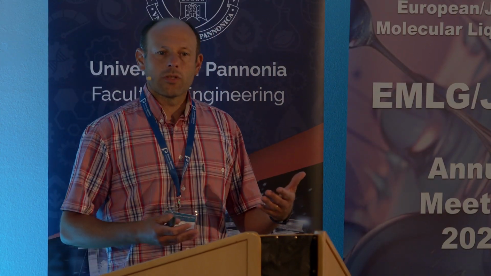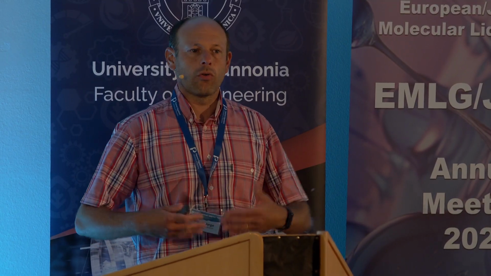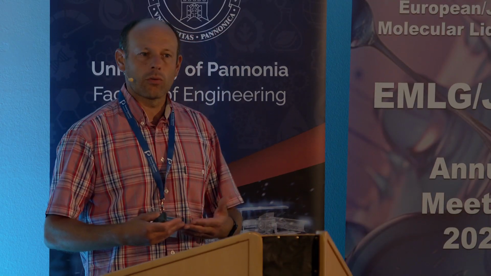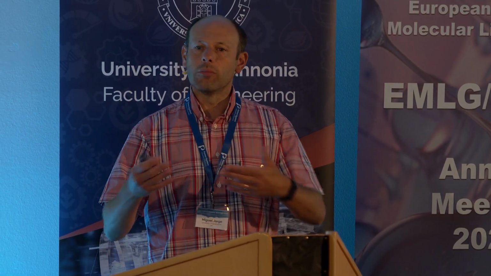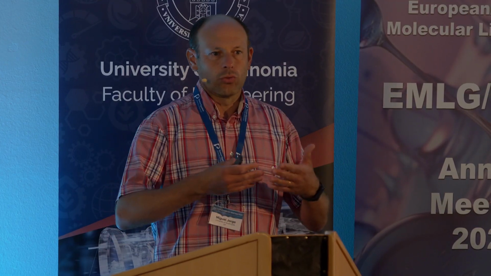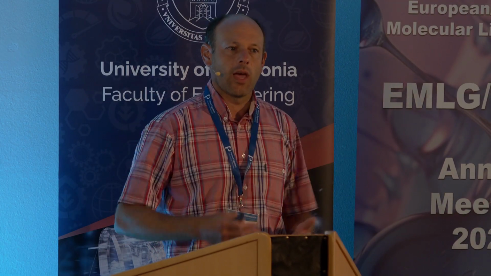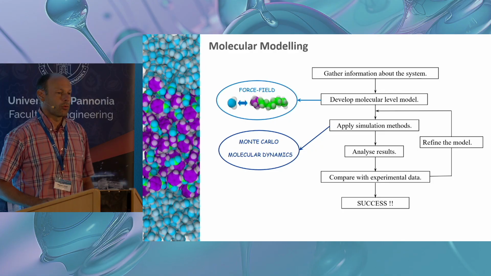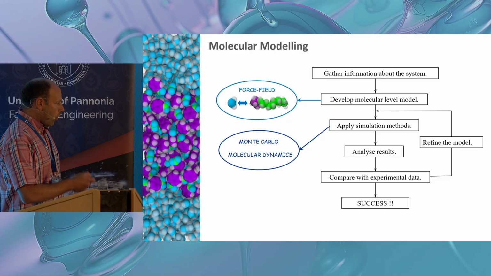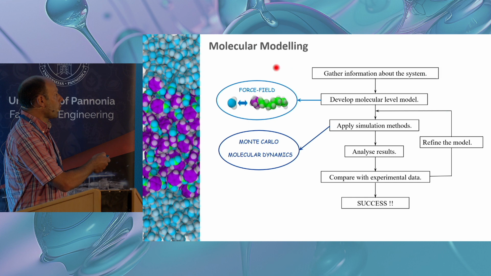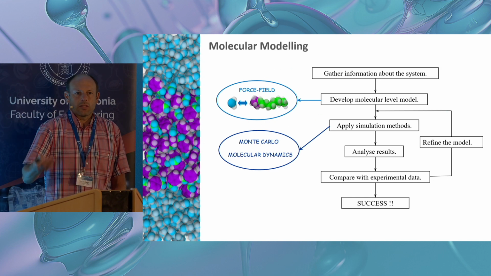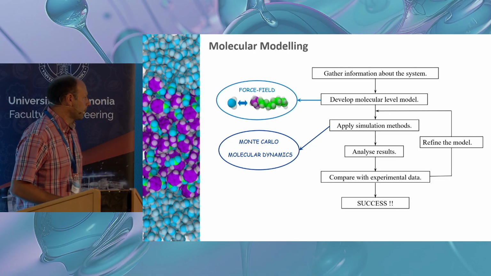The main difference between the two is that molecular dynamics is Newtonian, so it follows a Newtonian trajectory, calculating forces over time, whereas Monte Carlo is stochastic, so it's based on random numbers, and they progress through two different paths, but the aim is to reach thermodynamic equilibrium at the end. Okay. If you want to know more about the methods, I'm more than happy to talk about them later. What I am going to talk about in more detail is the model development, right? So what we conventionally call a force field because it defines what forces happen in the system, okay?